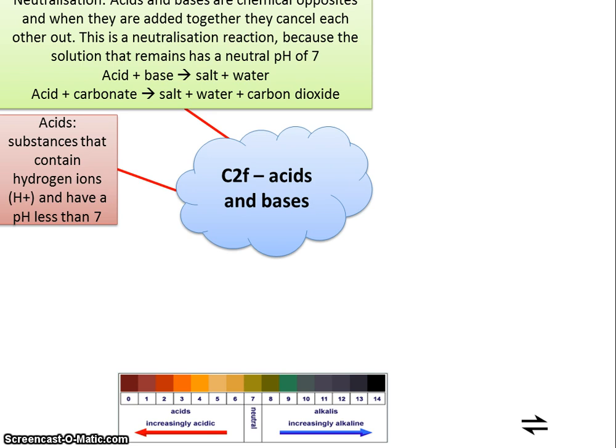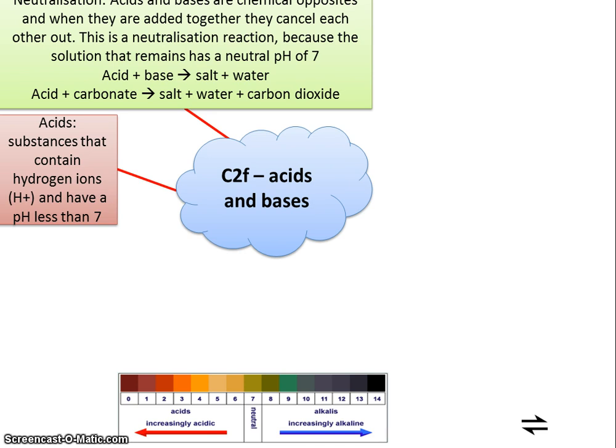Now, I've talked a lot so far about the pH scale, and I've talked about how we can test to see whether a substance is an acid or an alkali. What we need to do now is work out what's going on when we start to mix different reactants together. A base is a substance that can neutralise an acid.